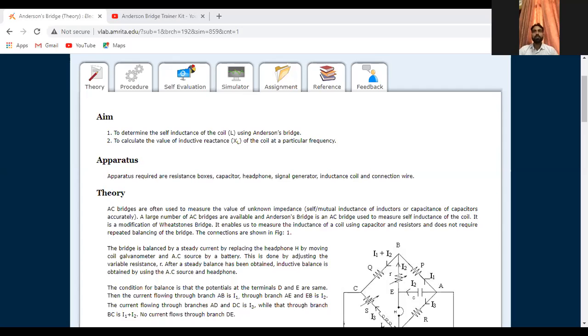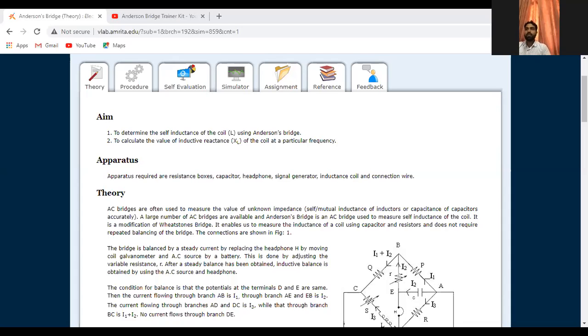What are those improvements? We are developing bridges which are helpful in efficiency and in losses. In the same section, if we see here, we have this new one: the Anderson bridge.